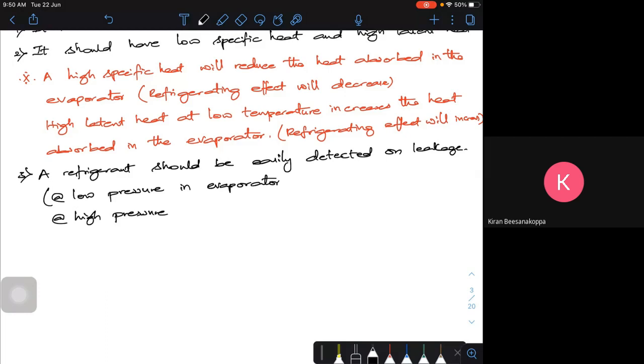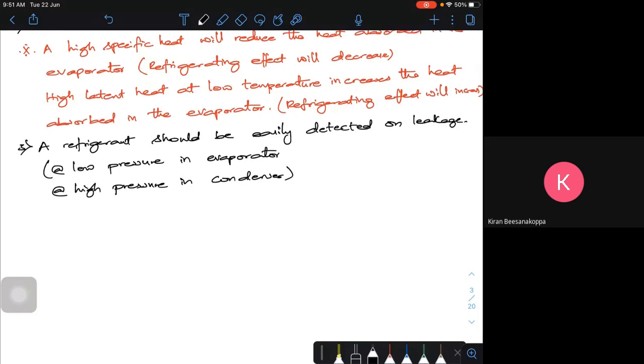I should be able to detect it in both. Then only it works. Okay. Now the fourth one.